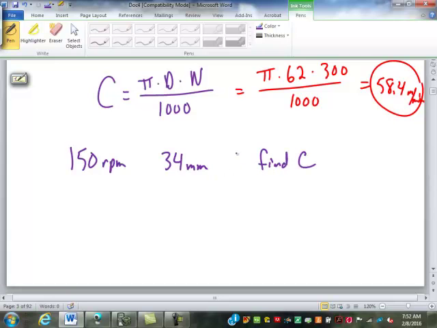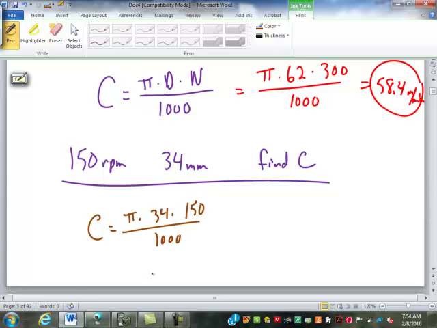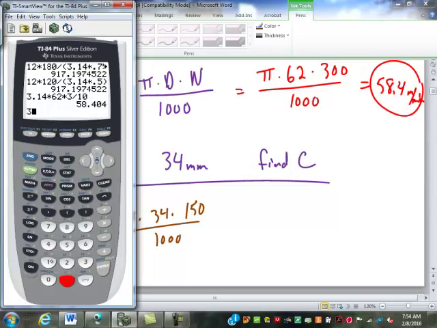Find your surface cutting speed. So let's take a peek. Pi times 34 times 150 divided by 1,000. So 3.14 times 34 times 150 divided by 1,000.